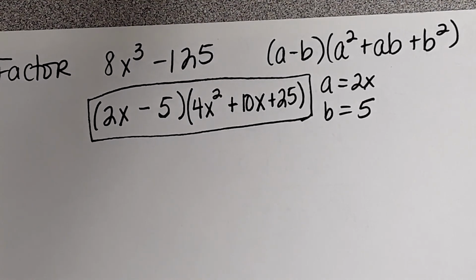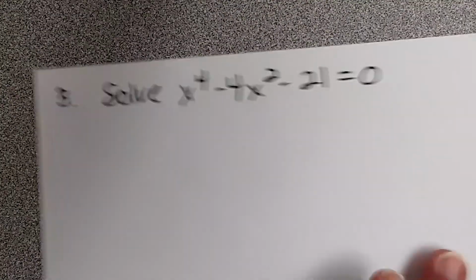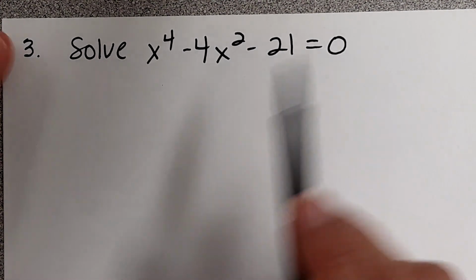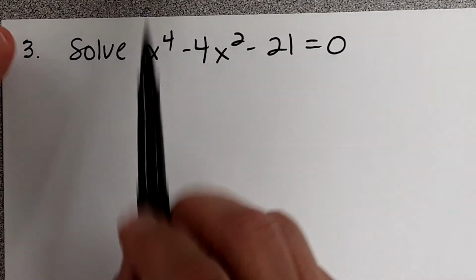Okay, so number 3, I asked you to solve this little problem here. Okay, so this problem is a mixture of chapter 5 and chapter 4. So in chapter 4, I told you, once we learned this method, you were expected to know it. So this is 1.